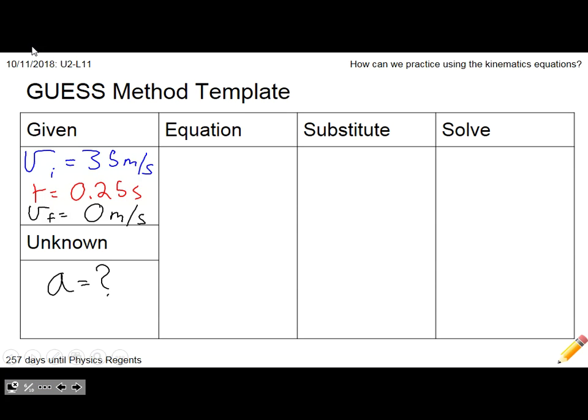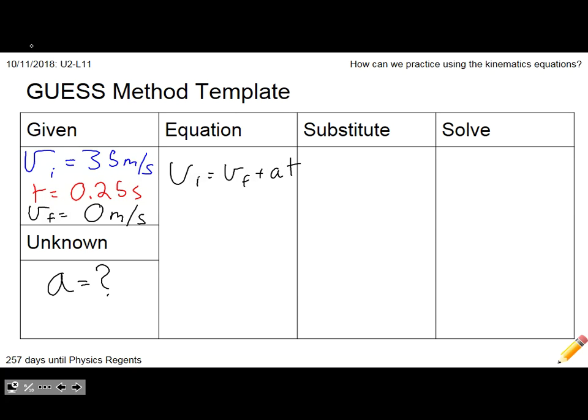So here's what you need to do now. You need to figure out which equation has V initial, V final, T, and A in it. Yeah, that first one does.